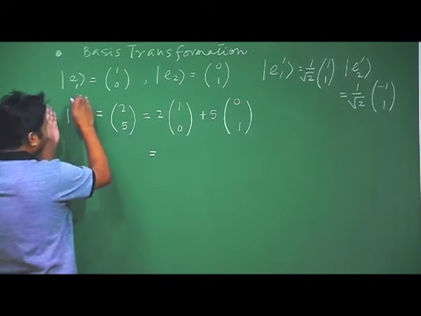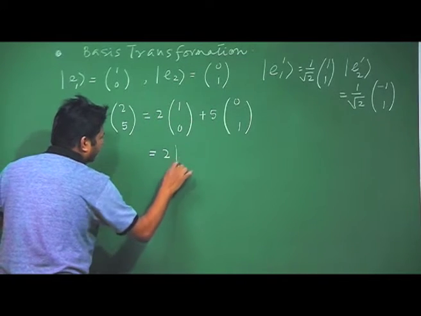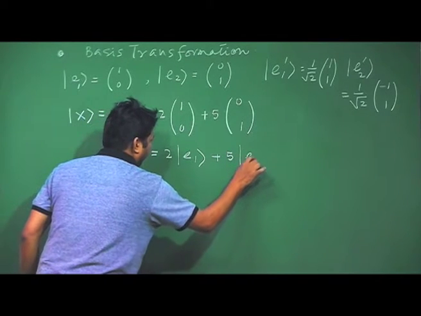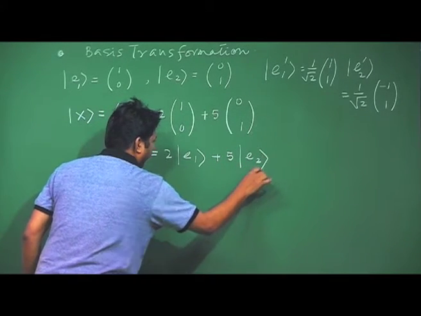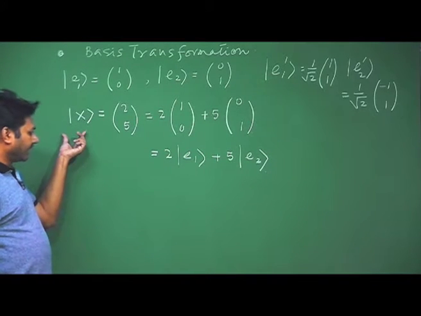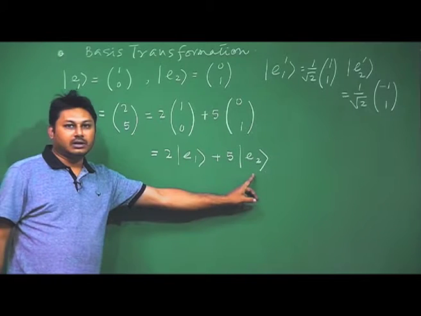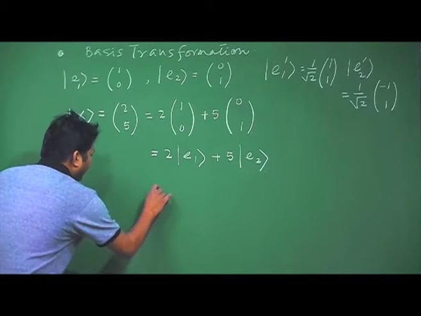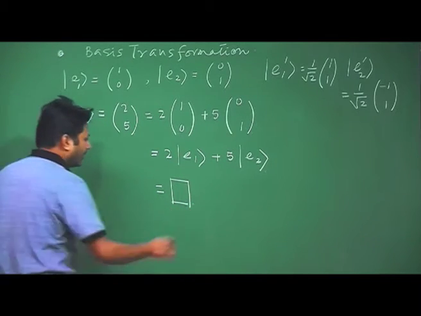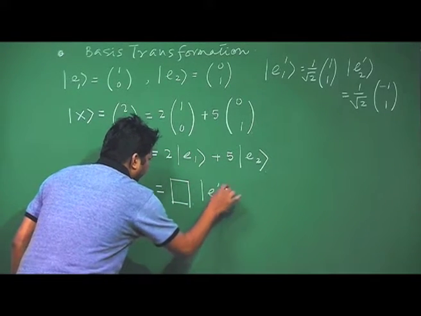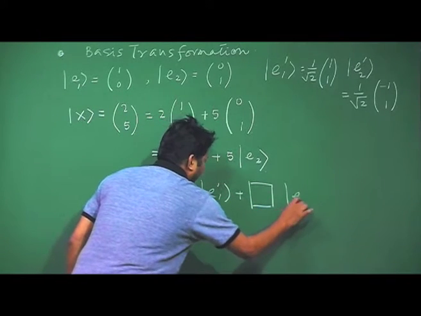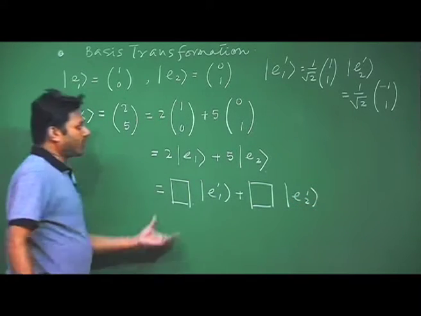In terms of E1 and E2, it can be represented like this. The question was, if I want to represent the same vector in prime basis, then what should be the value? So, this is box which I need to figure out, and it is box times E1 prime plus box times E2 prime. That was the problem.